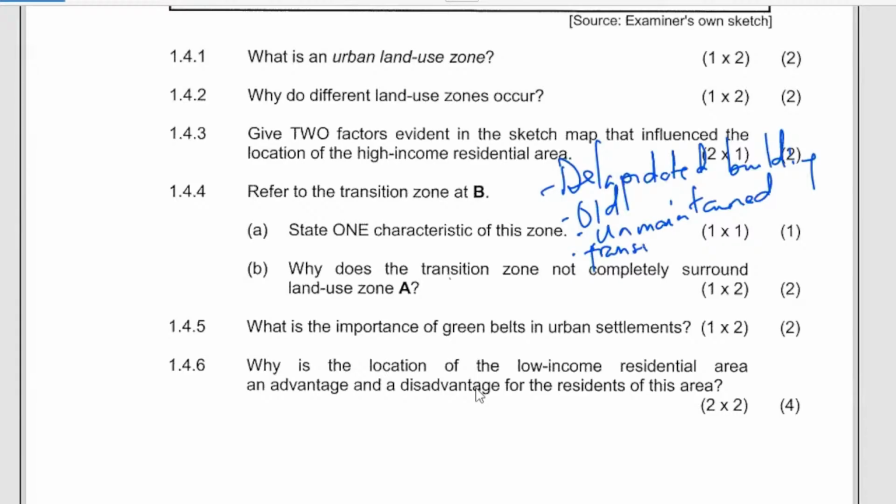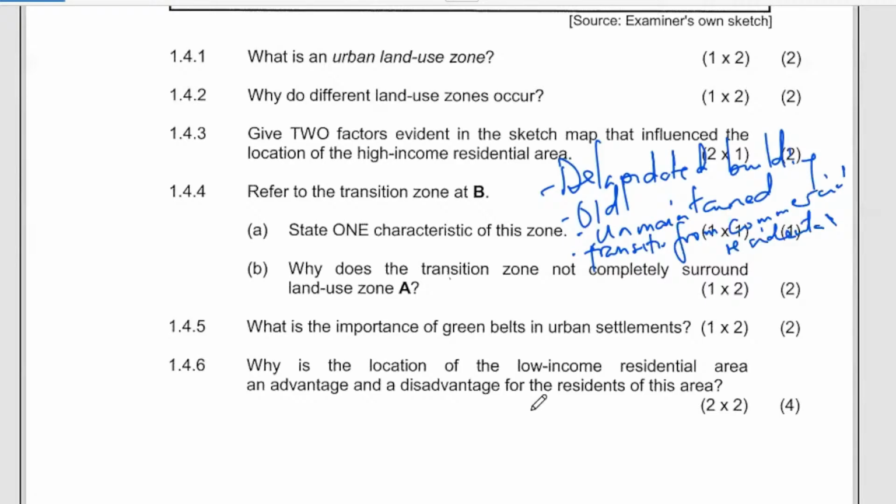There is a change of activity from commercial activities going to residential. As you're moving from the CBD, you have commercial activities dominating in the CBD. But as we get to the transition zone, we now have a change in the functions or land use, transiting from commercial going to residential. For those reasons, we can safely say those are the features of the zone of transition.